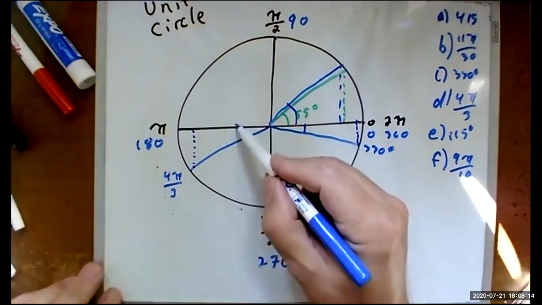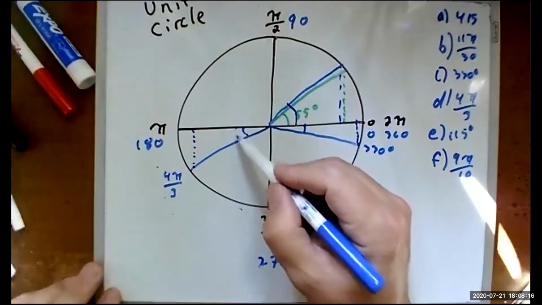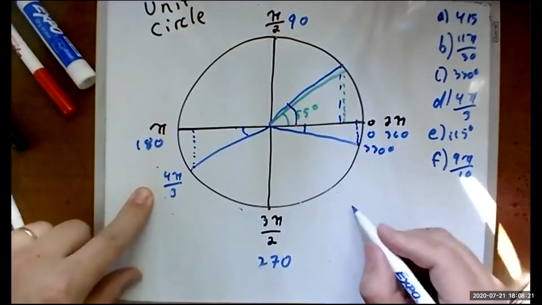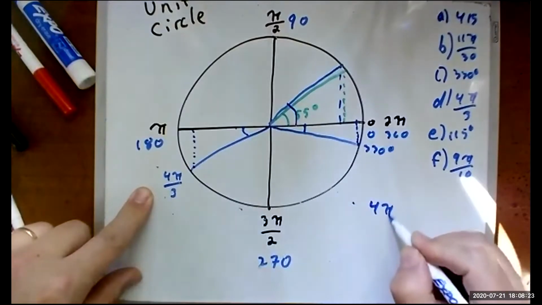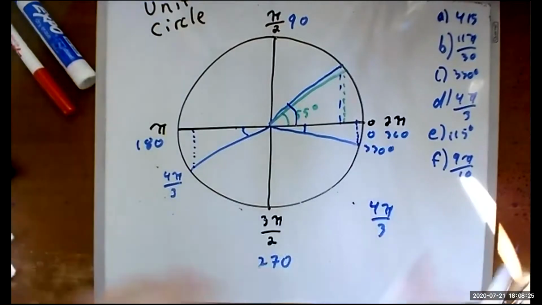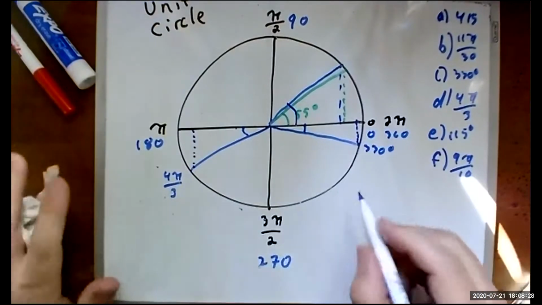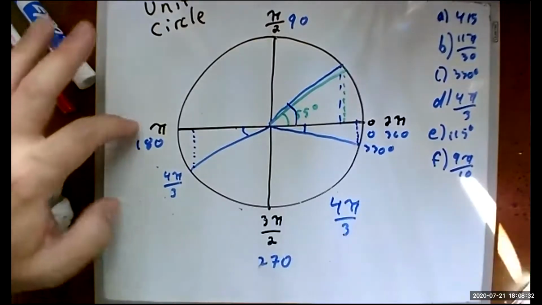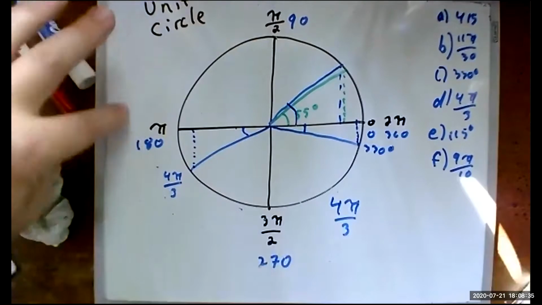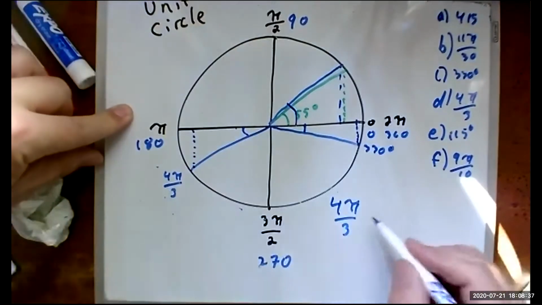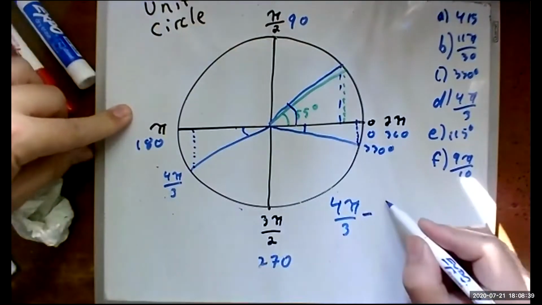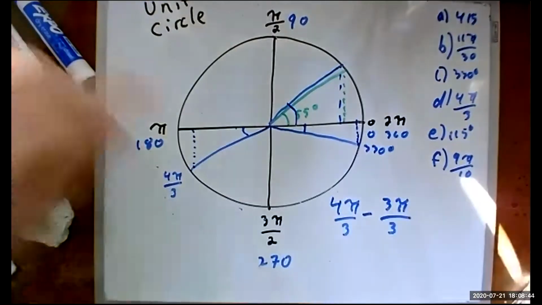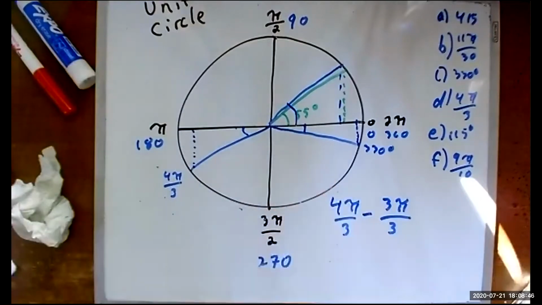Remember, our ultimate goal is to figure out what is that angle going on there at 4 pi over 3. We are some distance from our 180 line or our pi line. We want to know how far. Well, pi could also be written as 3 pi over 3 because anything over itself is just equal to 1.